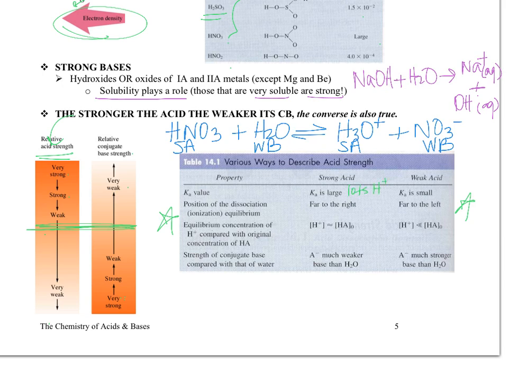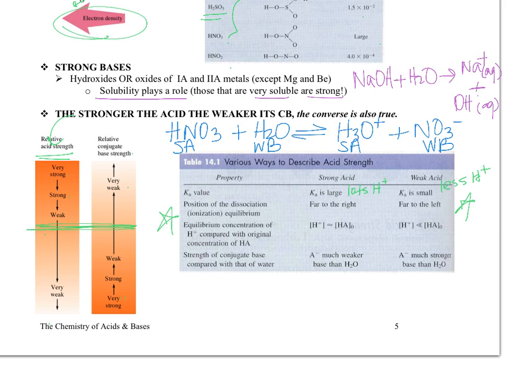That's going to be a high quantity of product and a low quantity of reactant. So that's why that one's a large Ka value, whereas a weak acid is going to be small because it's less H+, or basically less product and more reactant, so it's more reactant favored.